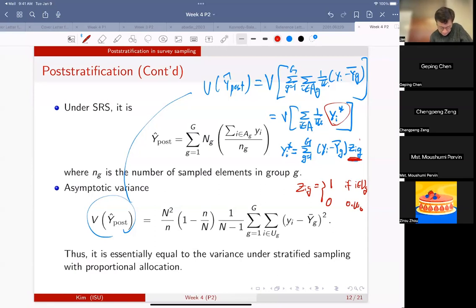So the formula should be, oops, anyway, the sum of yi star square plus n times y bar star square, something like that.